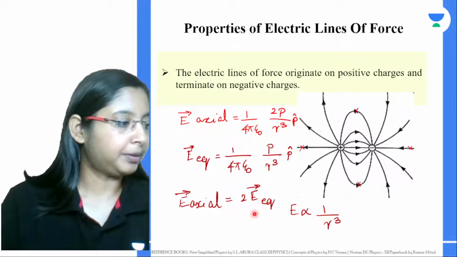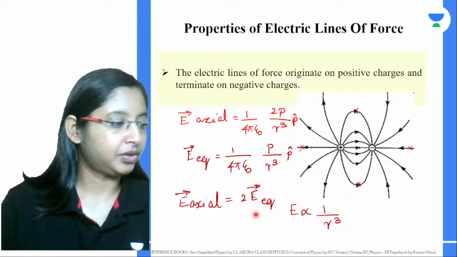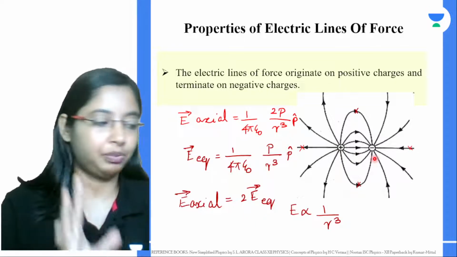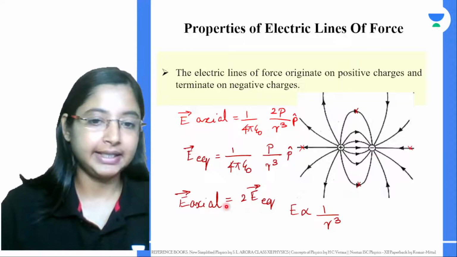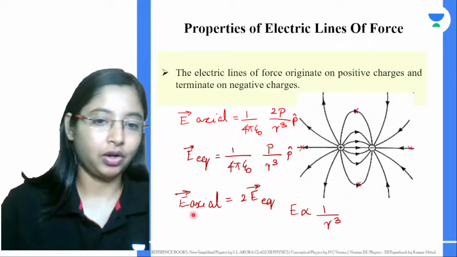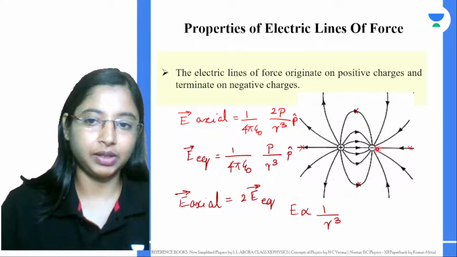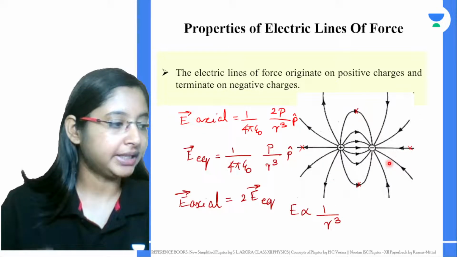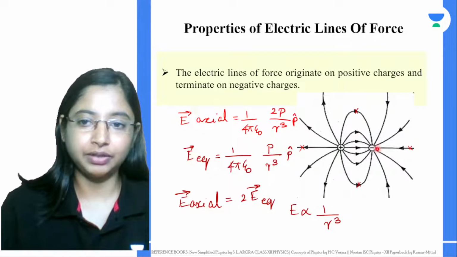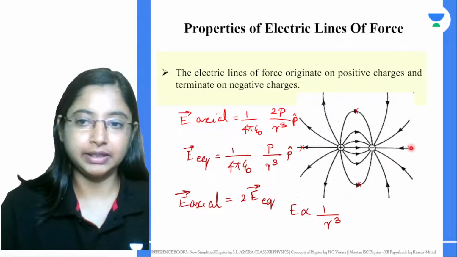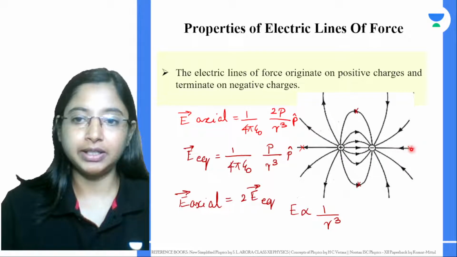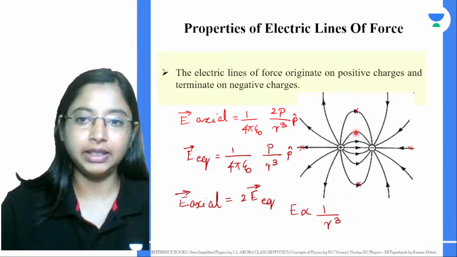So in the case of a very short dipole, the electric field intensity at a distance r along its axis is twice the electric field at the same distance on the equatorial. If you take a distance r from here, whatever the field is at this point is twice the field if you take the same r over here.